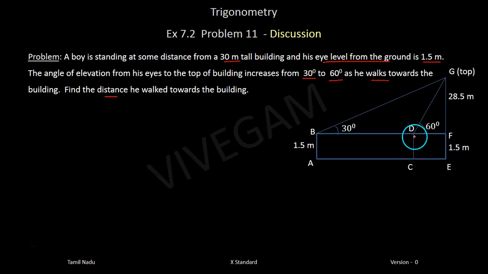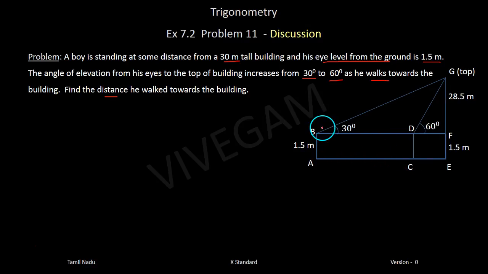So this is where his eyes are, and he looks again at the top of the building, and the angle of elevation is 60 degrees. This is the line of vision, and this is the eye level, or the horizontal line through the eye. Okay. So this is your new angle of elevation, and we are asked to calculate the distance he moved, that is AC.